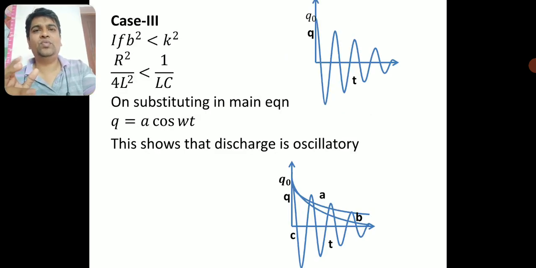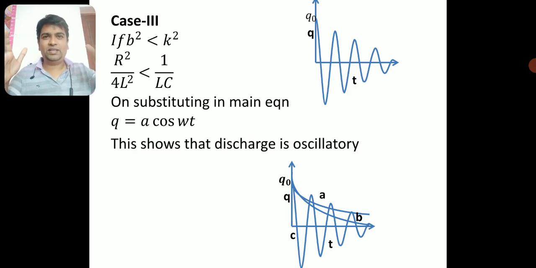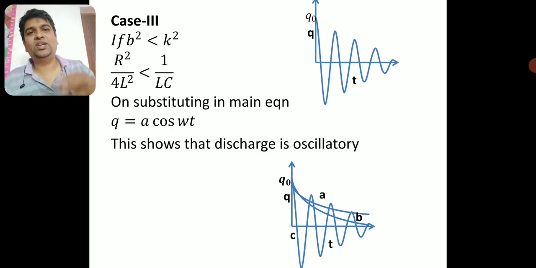Here we have still one more case left over, which is b square less than k square. I mean to say r square by 4l square less than 1 by lc. If I substitute this in the main equation, which I got as a very complex equation for the charge, after simplification I'll get q equals a cos omega t.